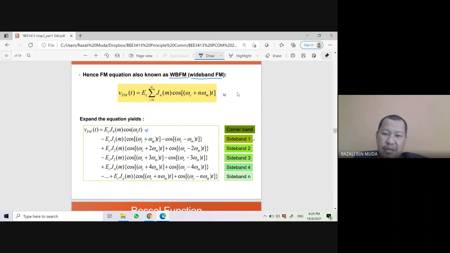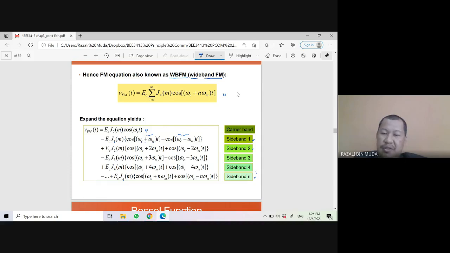And we have its pair, which is cos omega C minus omega M, which represents the lower sideband. This is called sideband 1, a pair of sideband 1 at this frequency and this frequency. We have sideband 2, pair of sideband 2, pair of sideband 3, pair of sideband 4, up until pair of sideband 6.